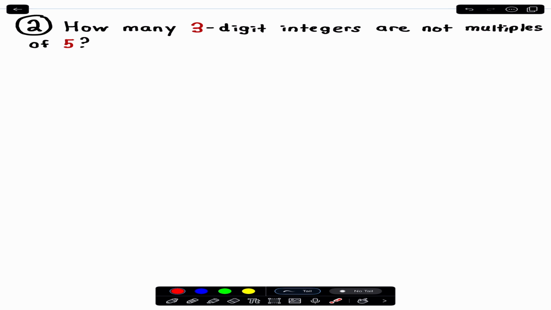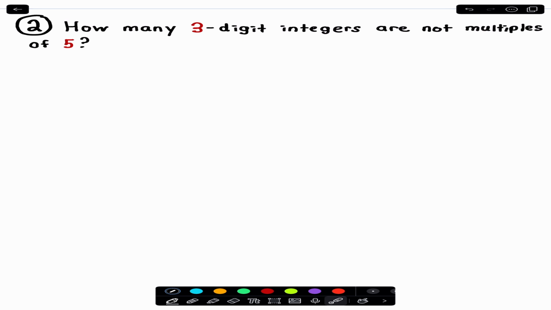So that's 1, 2, 3, 4, 5. You can see only one of them is actually a multiple of 5 and 4 of them are not. So we can see there are a lot less multiples of 5, and a lot less means it's a good candidate for complementary counting.